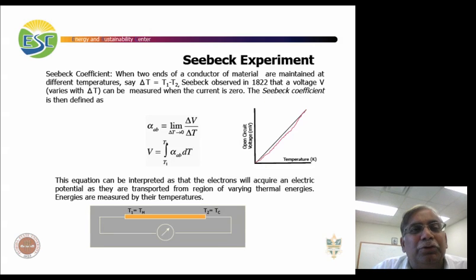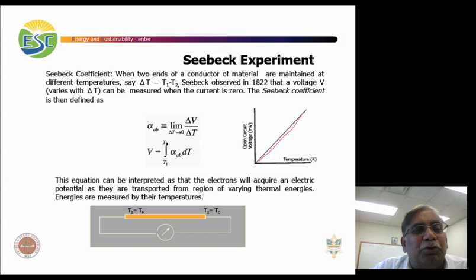Now what we want to do is look at the Seebeck experiment, where you have two ends of a conductor material which are maintained at different temperatures T1 and T2, or TH and TC. What Seebeck observed in 1892 is that a voltage V can be measured when the current is zero in this particular experiment.